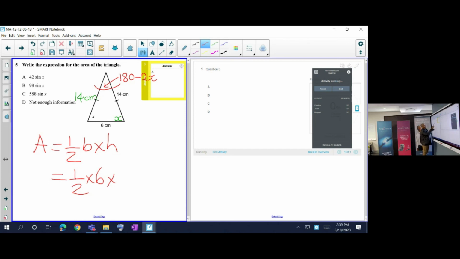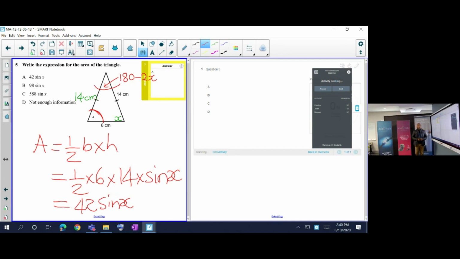So we need two sides, remember? So there is 6 and 14, and then the included angle will be sine x, which is this angle. So we didn't necessarily need to find the third angle, though you could use it as well. So this is what is giving us our solution, which is 42 sine x.